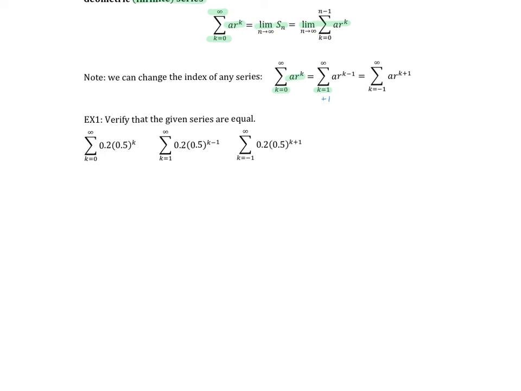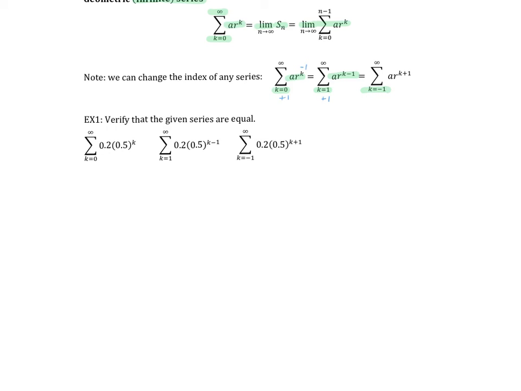If I add 1 to my k value, to even things out, I have to subtract 1 from the k value in the expression. So I start with k equal to 1, but notice I made up for that by subtracting 1 from my k value. Well, let's say that I start off with k equal to -1 instead of 0.